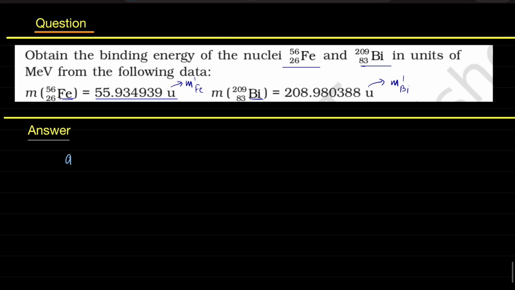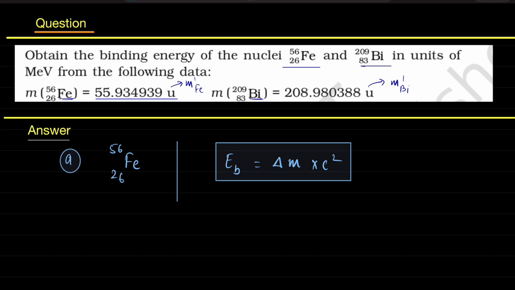In the first part, we will find the binding energy for Fe. To find the binding energy, the formula is Eb is equal to delta m into C square.